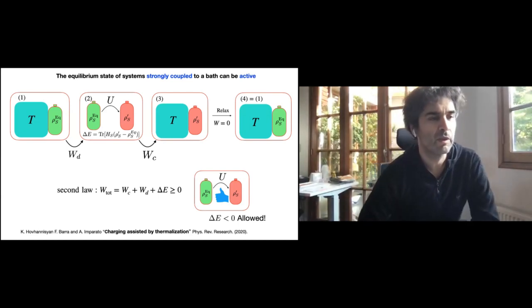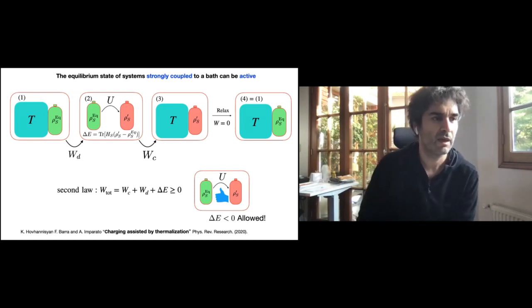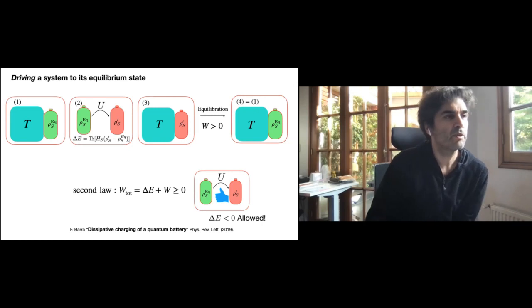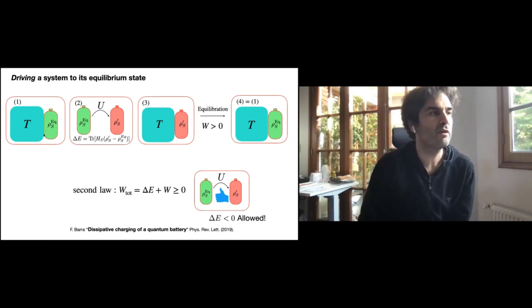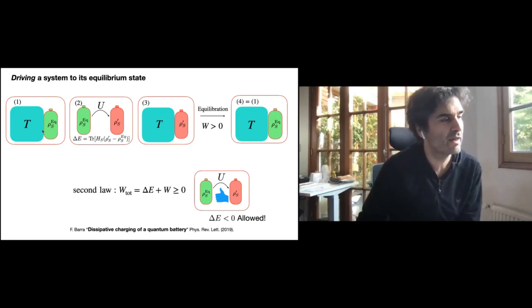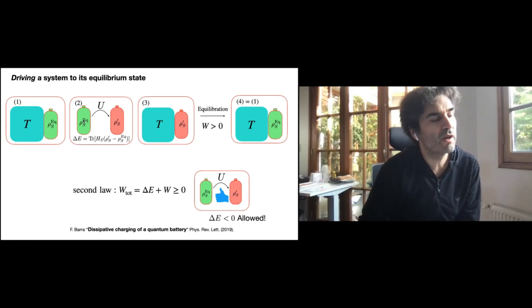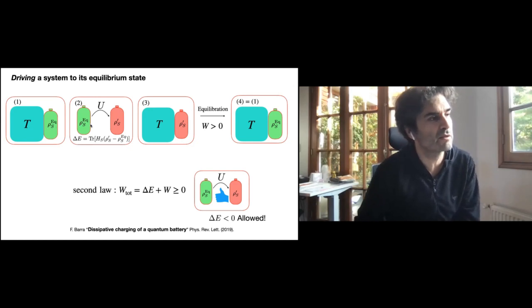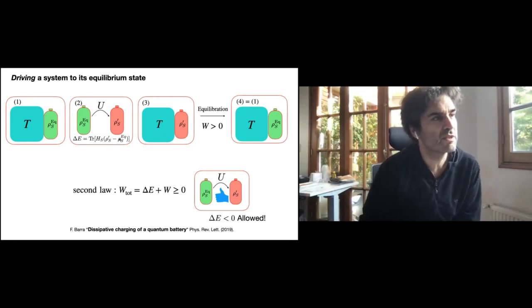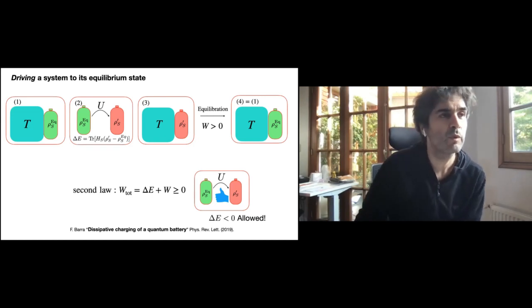So the example will be in this case, but I want to show you another possibility, which can be done if one is able to engineer the interaction between the system and the bath. In this case, we don't have to pay any work to disconnect it. It is also a weak interaction. We change the energy of the system, but to reach equilibrium, this will not happen spontaneously.